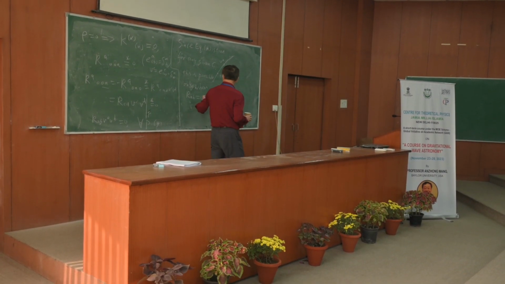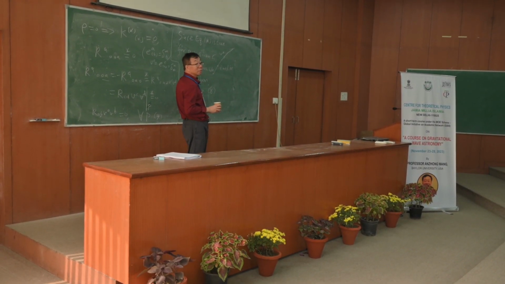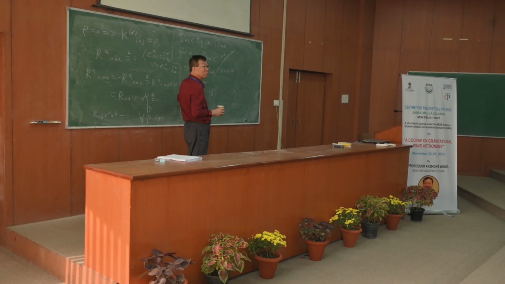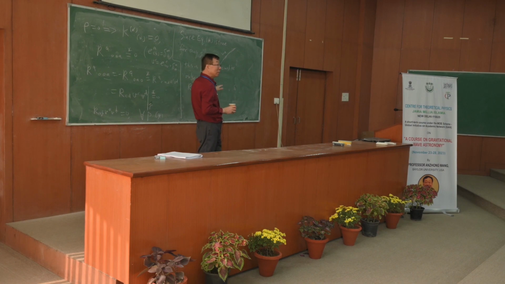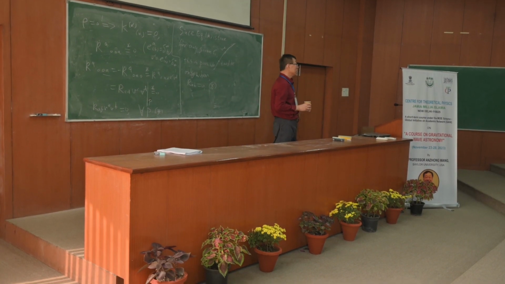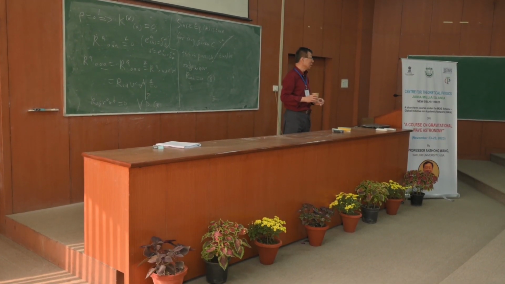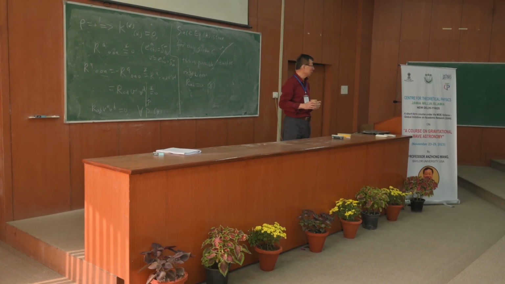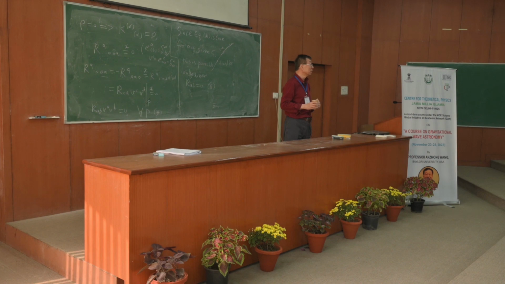Then after that he realized the equation he proposed was not correct. This is the correct one. So that's why they sent the second team in 1919. One team went to Brazil, another went to South Africa.